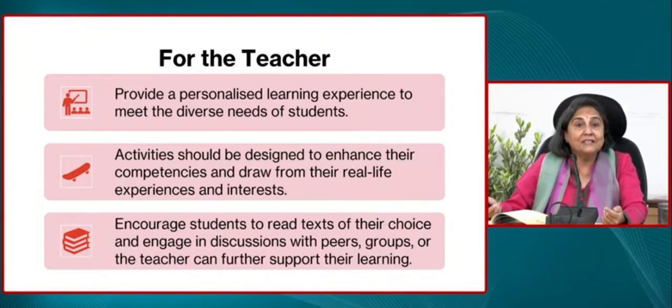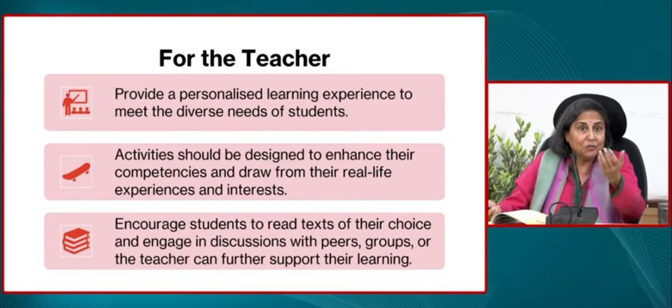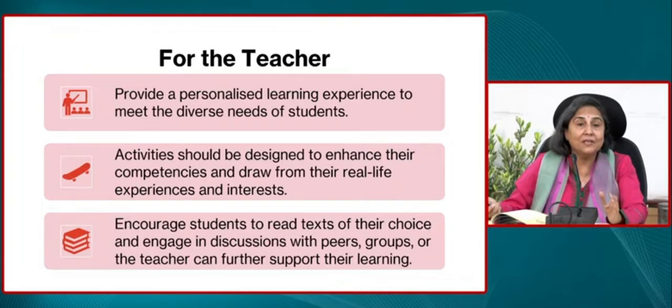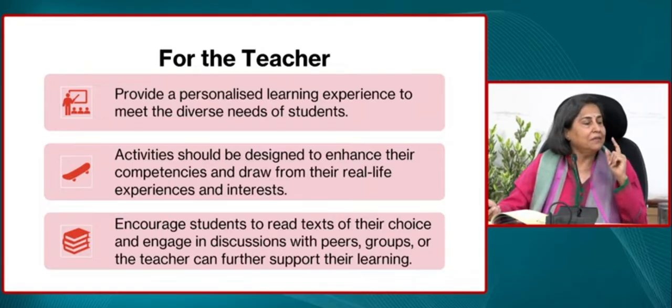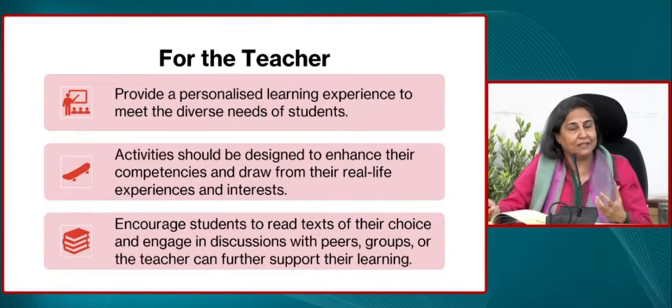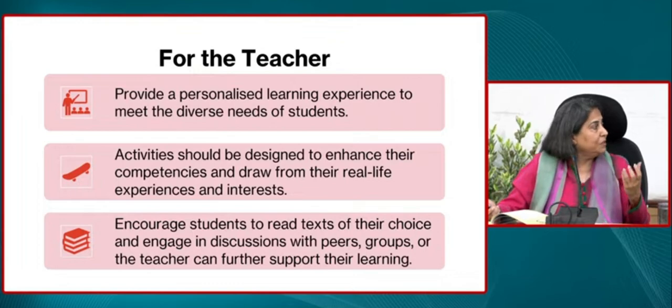So there are a few things for the teacher: provide a personalized learning experience, encourage them to give their own experiences. Activities should be designed to enhance the competency of the students, and encourage students to read the text on their own. Therefore, we have given the last story, A Rupee Goes a Long Way, to read, so that children develop the habit of reading. And of course, the library period is also there.